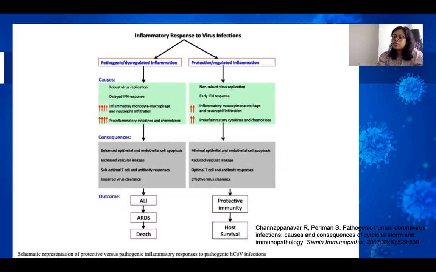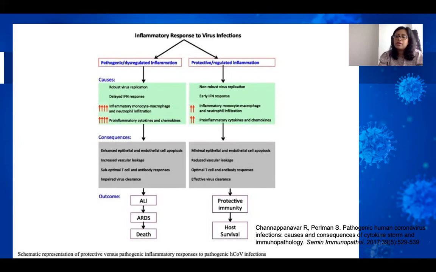Just to go through the normal host response to the virus on the right: a patient gets infected with the virus, there is not a robust viral replication, there's an early interferon response to combat the virus, and the inflammatory cells, monocytes, macrophages, and neutrophils, infiltrate the infected area and release pro-inflammatory cytokines to combat the virus.